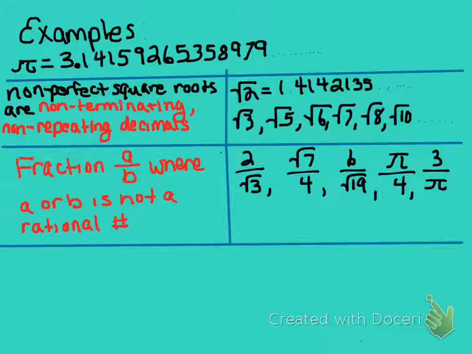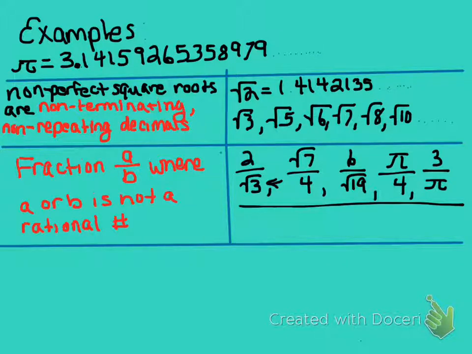Also, fractions where a or b, the numerator or the denominator, are not rational numbers are irrational. You see that I've got examples here. 2 over square root 3. Yes, it is a fraction, but it is not a fraction of 2 integers. Square root of 3 is not an integer. Integers are only our whole numbers that are either positive or negative.